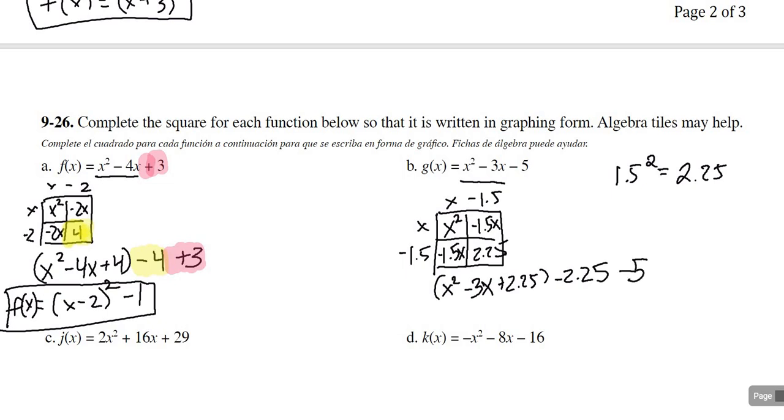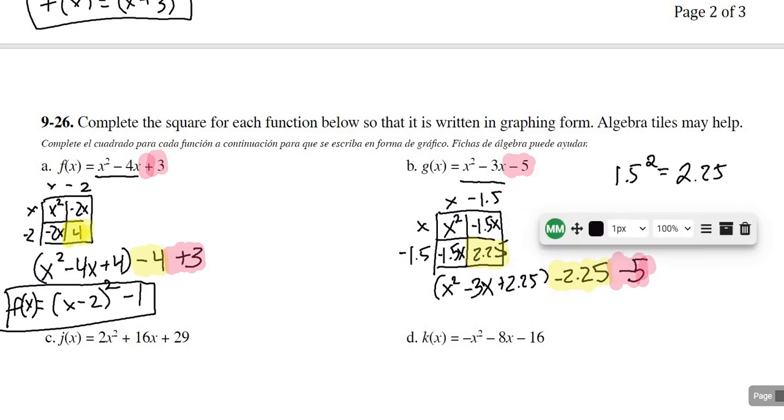Minus 5. And let me color code the pieces again. So the piece that I'm subtracting comes from this part of my square, because if I add it on, I'd better subtract it. Otherwise, I change the truth value of my equation. And the minus 5 comes from my original equation in standard form.